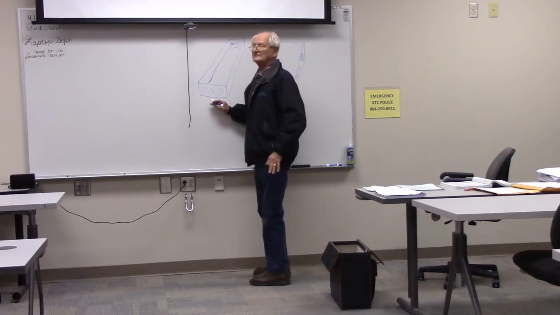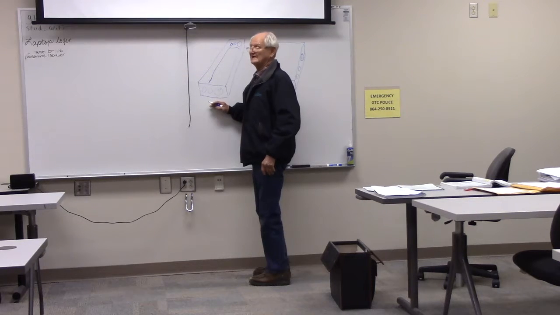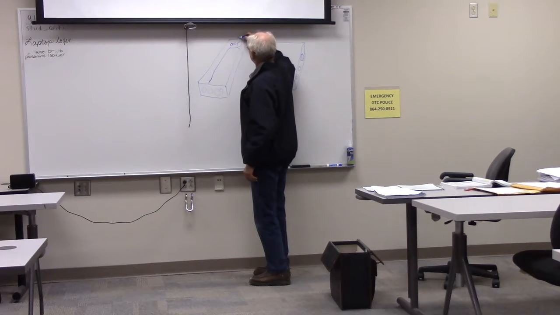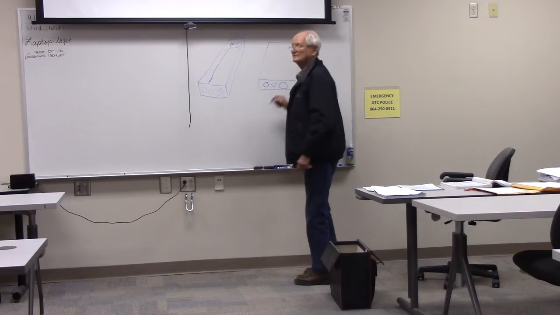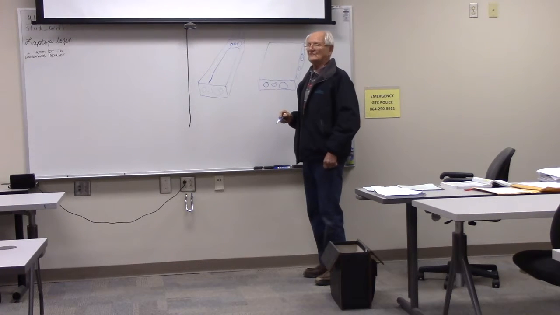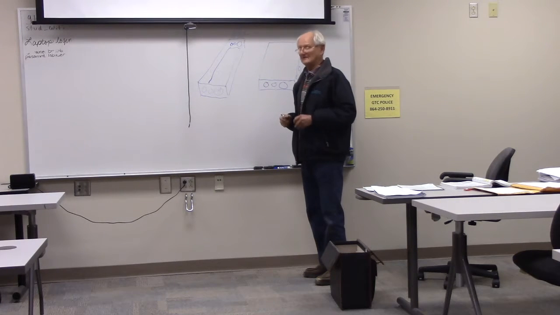To me, if I were installing this run of pipe, I would go out here and put a 3-inch 90, a 1-inch 90, and a 1-inch 90, instead of putting a junction box and pulling that wire around at right angles out of that box.